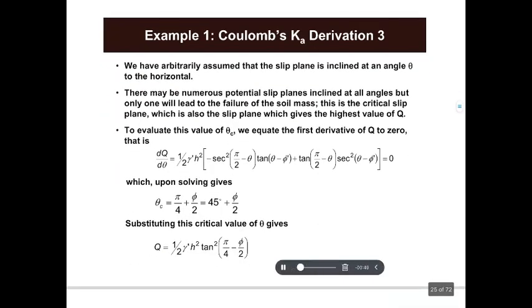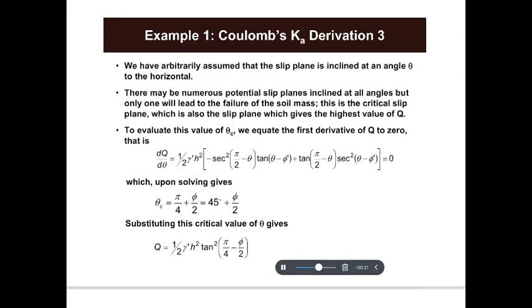We have arbitrarily assumed that the slip plane is inclined at an angle theta to the horizontal. However, there are many potential slip planes inclined at all angles, but only one will lead to the failure of the soil mass. This is the critical slip plane, which is also the slip plane which gives the highest value of Q. To evaluate the critical angle, we equate the first derivative of Q to 0.